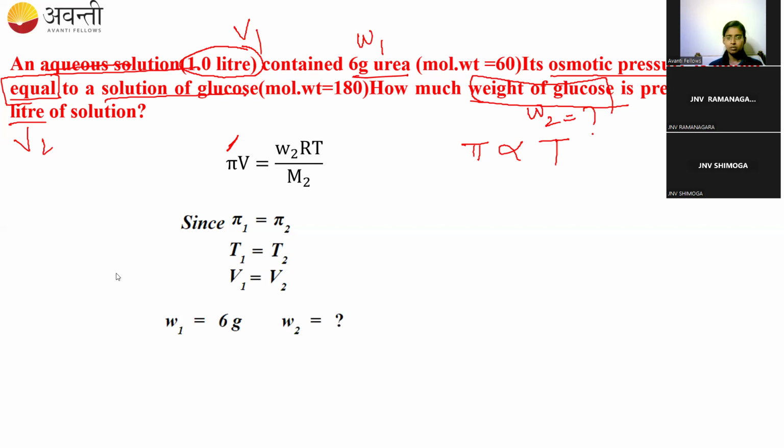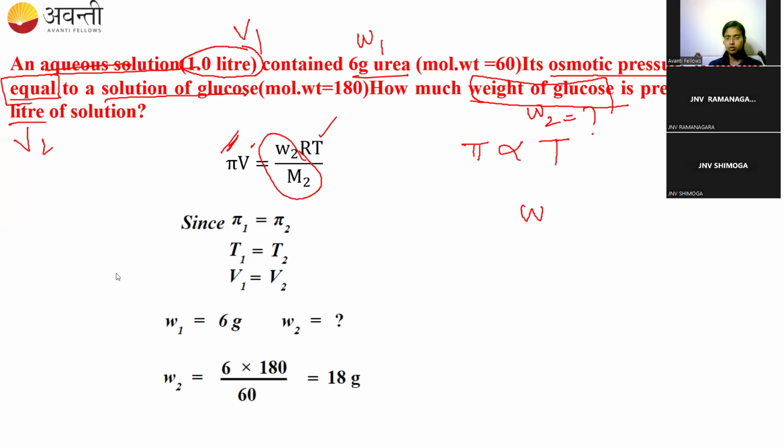So how to find out W2? W2 is equal to 6 into 180 divided by 60. Pi, temperature, volume, we are not going to consider all these things. We are going to consider only this part. The other things are constant. So W2 divided by M2 is equal to W1 divided by M1.